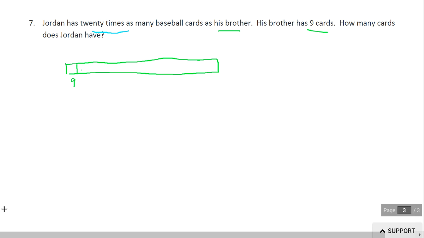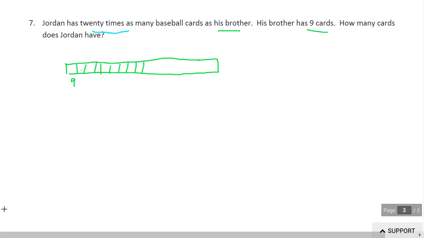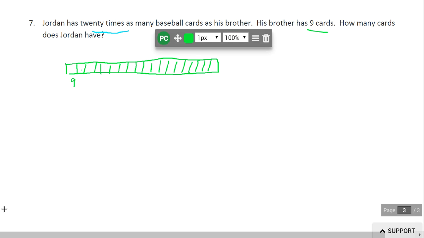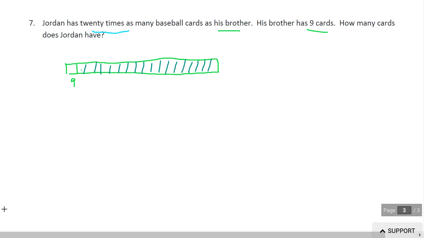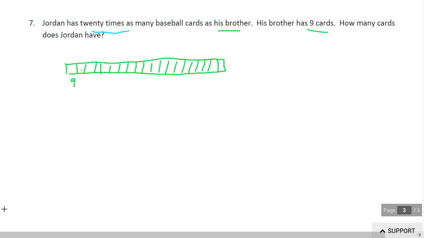And Jordan has 20 times as many, so I have to cut this into 20 pieces. 1, 2, 3, up to 18, 19. Oops, came up one short. There we go, 20.